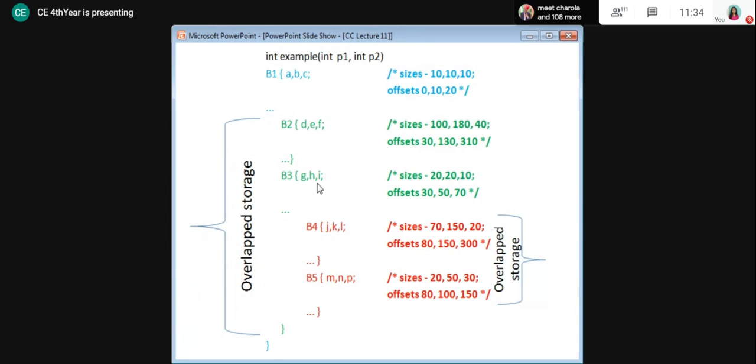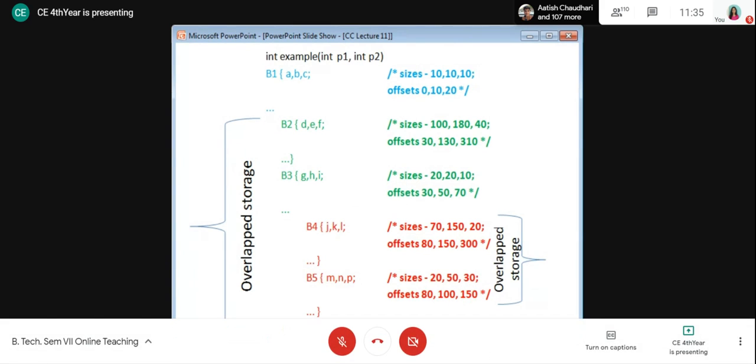So we have to consider the offset of I, which is 70, and it has size 10. So we add 10 to it, and the offset for M will be 80. Then for the next, it will be 80 plus 20, it will be 100. Then 100 plus 50, it will be 150, and so on if there are some further blocks. I hope all of you are getting this.